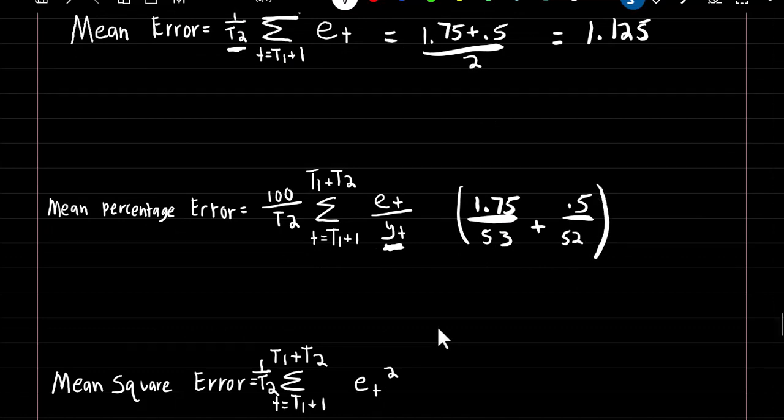And then times 100 over T2. T2 is just the number of observations in our validation set, which is 2. And this will produce a value of 2.13%.